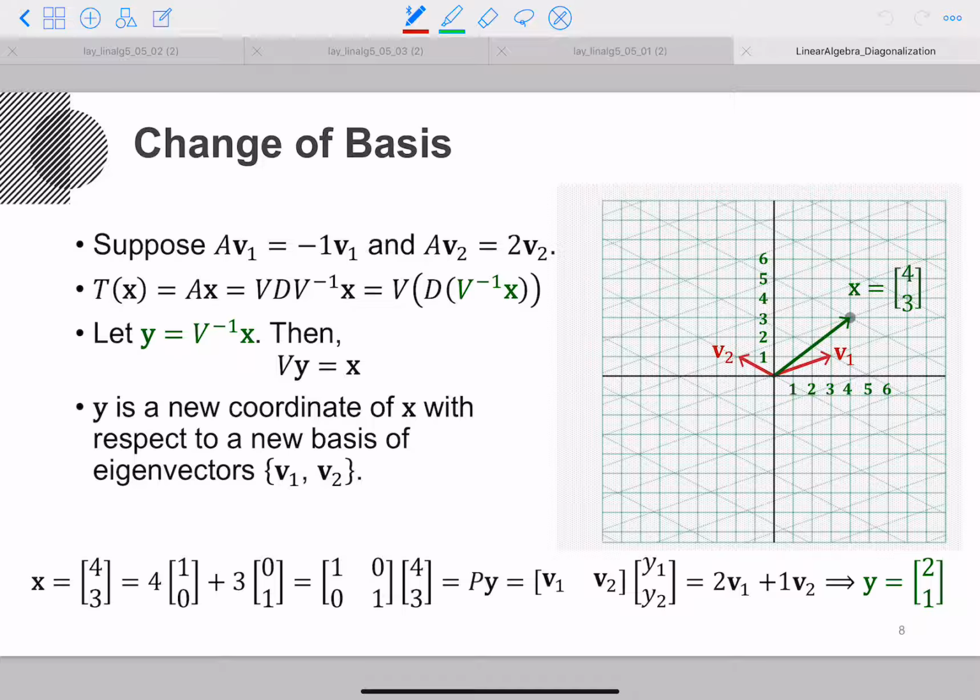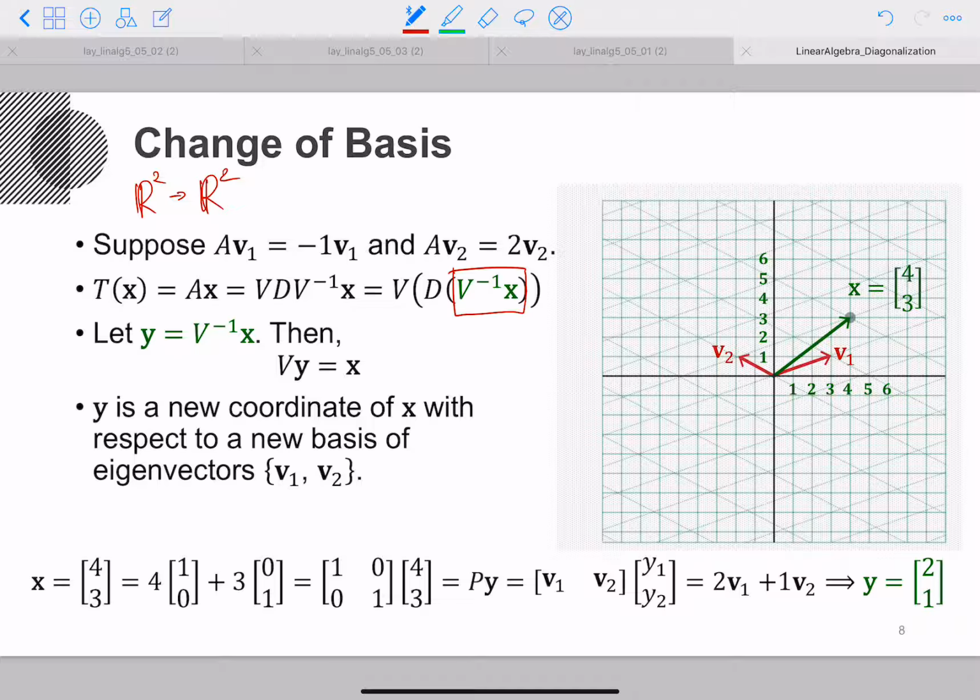Okay, so what is this V inverse times x? For example, suppose A is 2 by 2. So a two-dimensional vector is transformed into a two-dimensional vector. I mean, the domain and the codomain are just two-dimensional space.